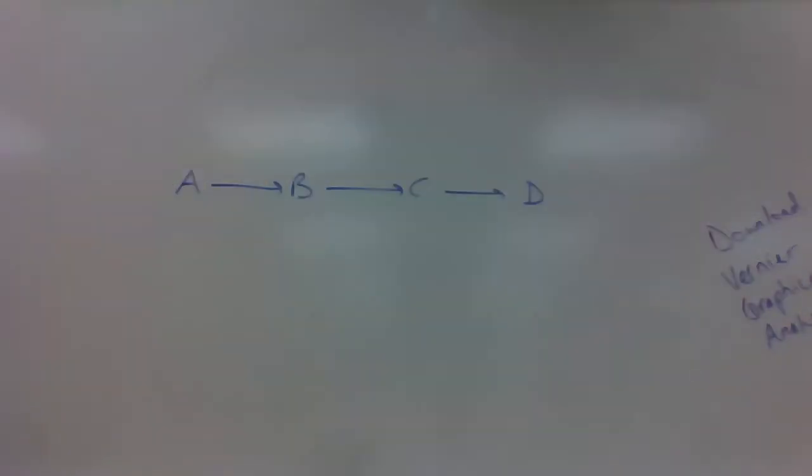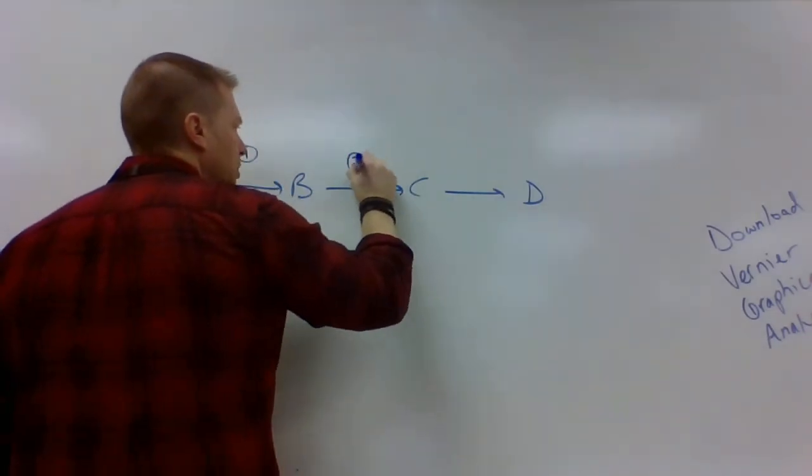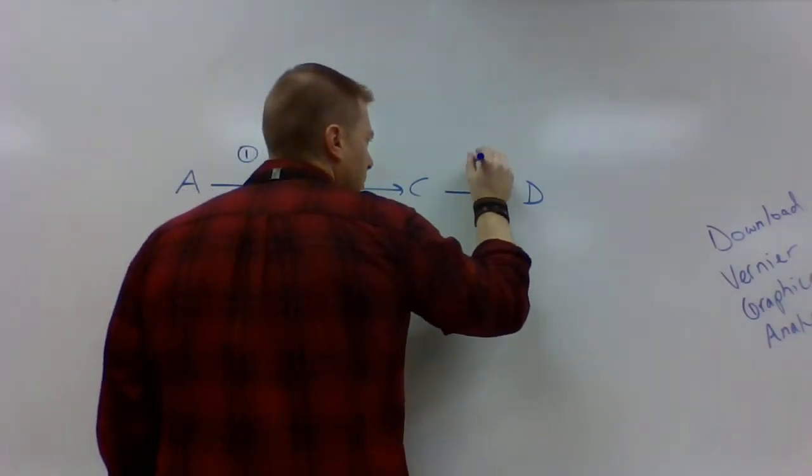So you have 3 chemical reactions composing this pathway. How many enzymes are required? 3 enzymes, 3 reactions, 3 enzymes. So you have enzyme number 1, enzyme number 2, enzyme number 3.